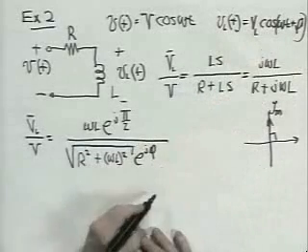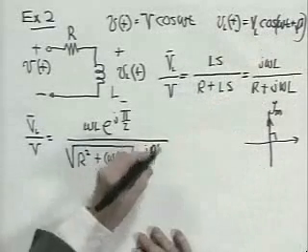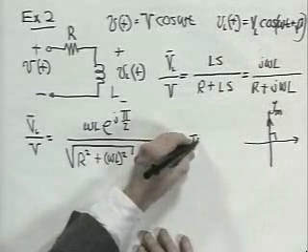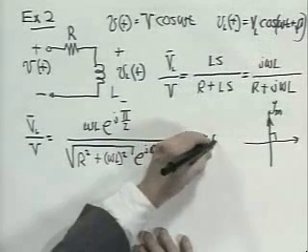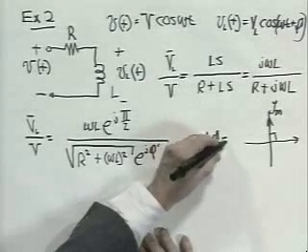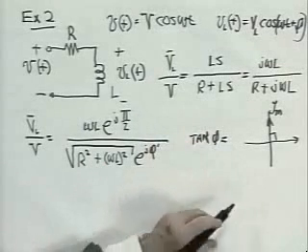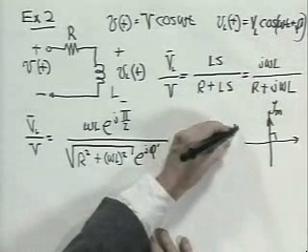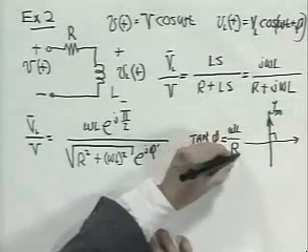It won't turn out to be the same. I'll call it phi prime just to keep that straight. e to the j phi prime, where the tangent of phi prime equals the imaginary part of the denominator, omega L, divided by the real part.